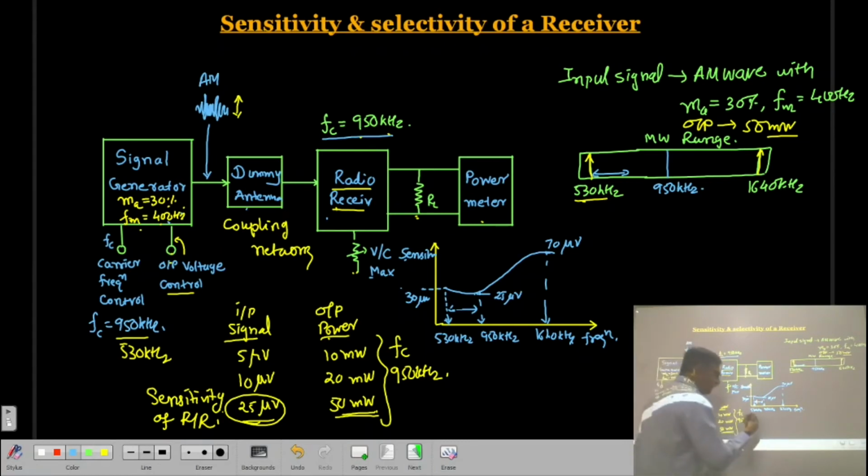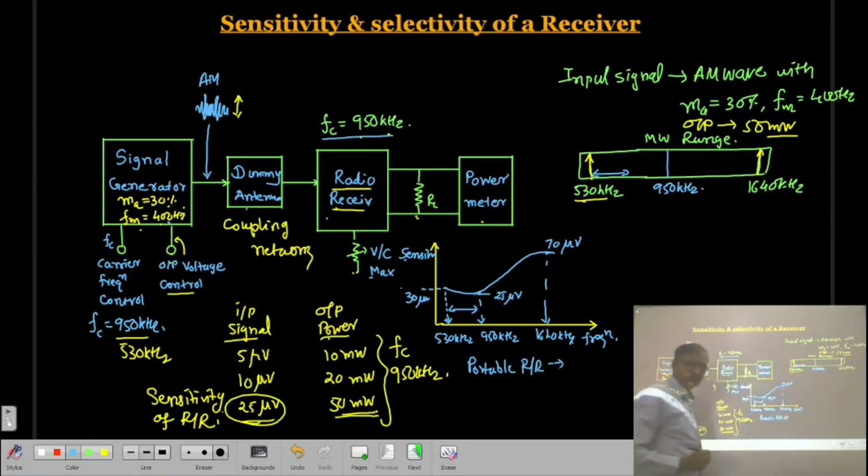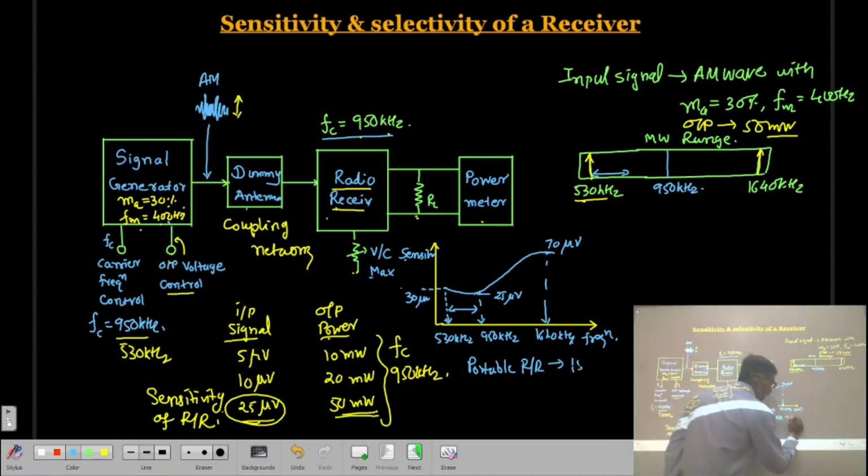Normally, a portable radio receiver has a sensitivity of 150 microvolt.